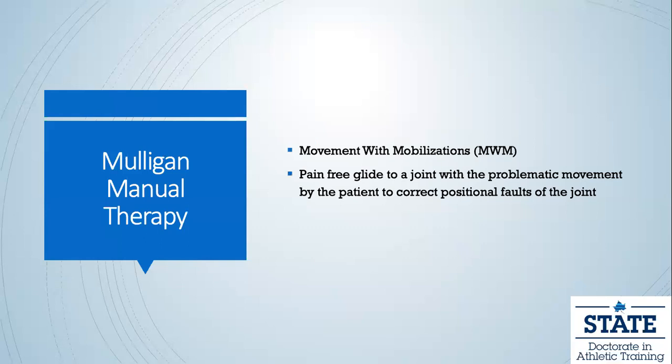So Mulligan found that there are positional faults within the joint, and that by mobilizing this and moving, we're able to correct this. He was able to find this by doing the MWM technique on fingers.